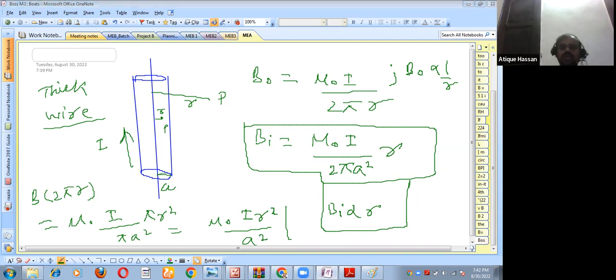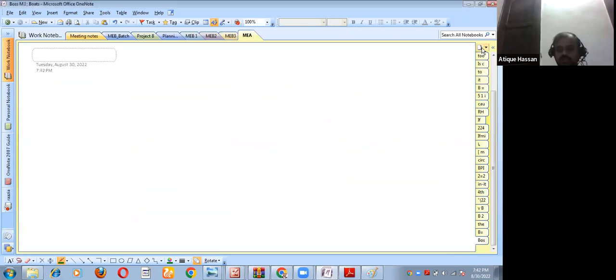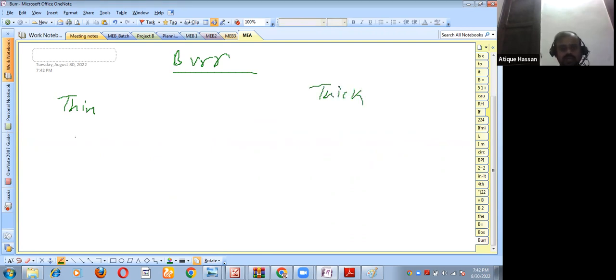So if you draw a graph for magnetic field due to thick wire, if we draw the B versus r graph, for thin wire and for thick wire, what will happen? For thin wire, it will be like this.